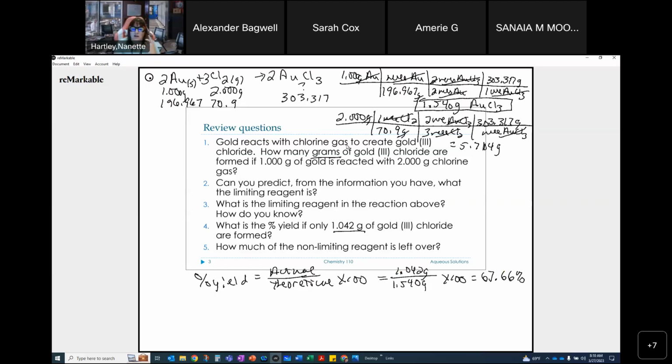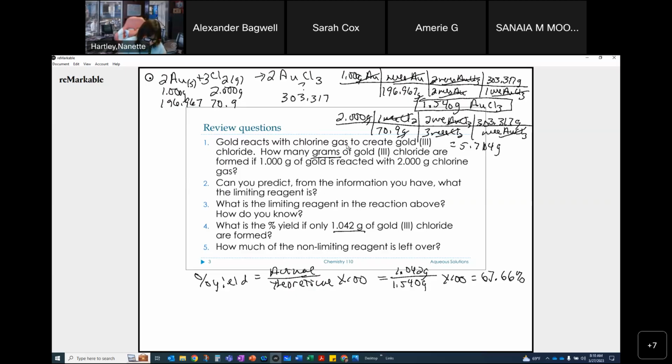Okay. Now, how much of the non-limiting reagent is left over? Well, isn't that an entertaining question? And it's one that we haven't really talked about yet. But let's talk about how that looks. Now, I know that I haven't used all of the Cl2. That was present in excess. So I know that that's the one that's in excess. I need to know, based on the amount of gold that's present, how much Cl2 would have been used.